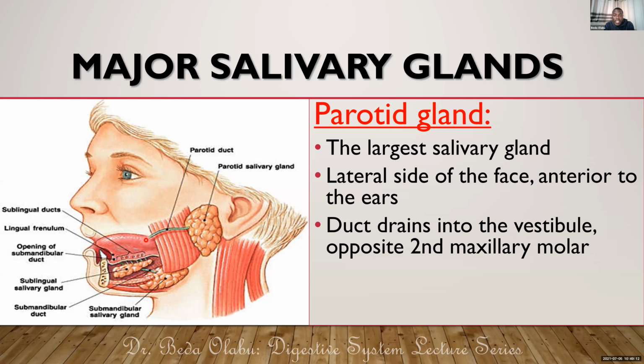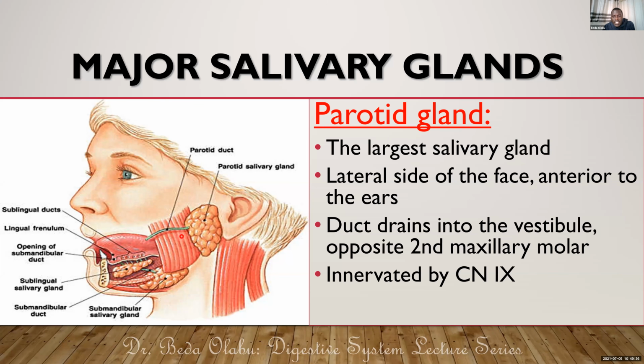So remember, it doesn't drain into the oral cavity proper, but into the vestibule of the mouth. Usually, if someone retracts the cheek, you can actually see the opening of the parotid duct, of course on the cheek side, not on the gum side.